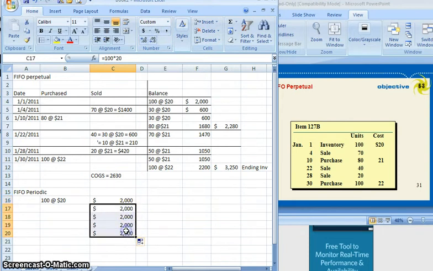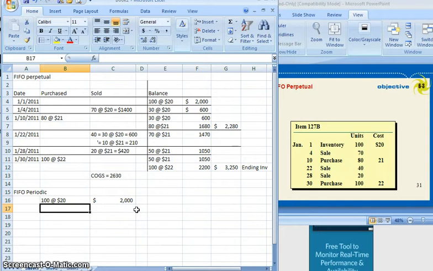Alright, so get the formatting in there. So we had 100 at $20, that's where we started. And during the month we bought another 80 at $21. 80 times 21. And we also at the end of the month bought 100 at $22.